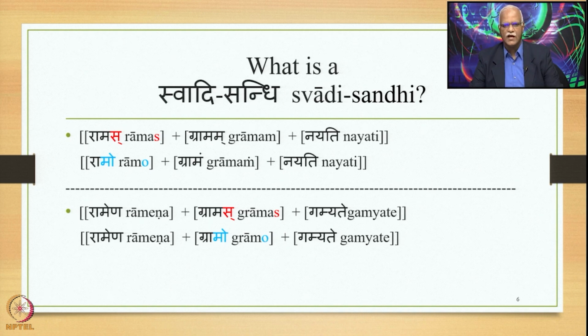Once again, sa comes at the end of the second pada followed by g in Gamyate. So the same process happens and sa is substituted first by ru, then by u, and u gets substituted by o, and we have Ramena Gramo Gamyate as a sentence. These are the concrete examples of the Swadi Sandhi, and there are plenty of examples in the literature of this particular Swadi Sandhi.